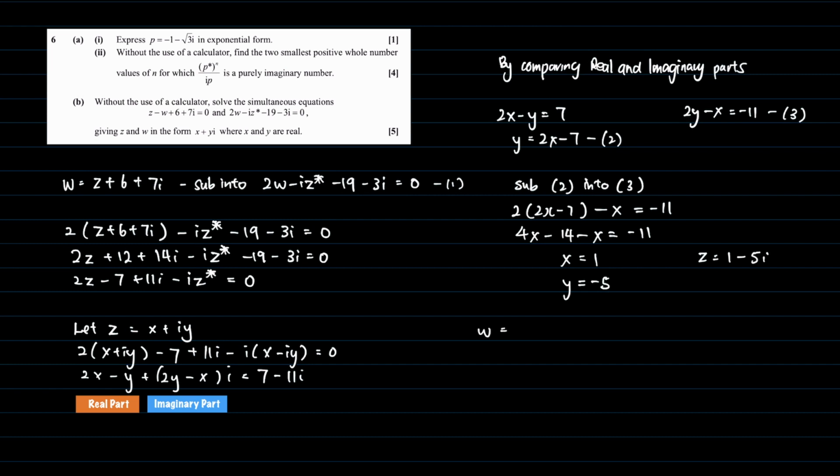And by substituting this into w, w equals 1 minus 5i plus 6 plus 7i, and this will give us 7 plus 2i. So there you have it. We have answered to the requirements of the question. z equals 1 minus 5i, while w equals 7 plus 2i.